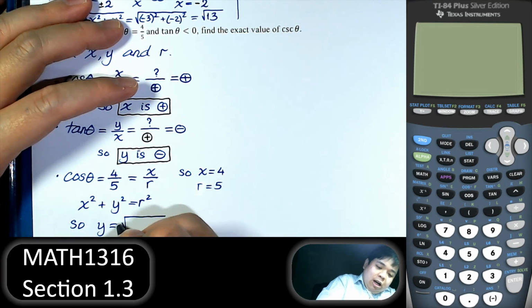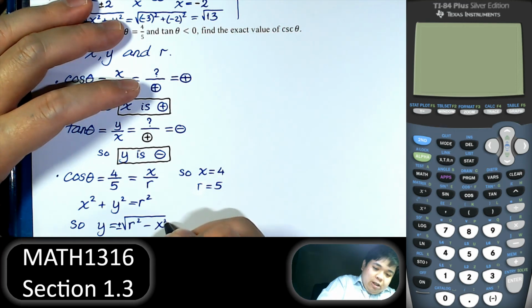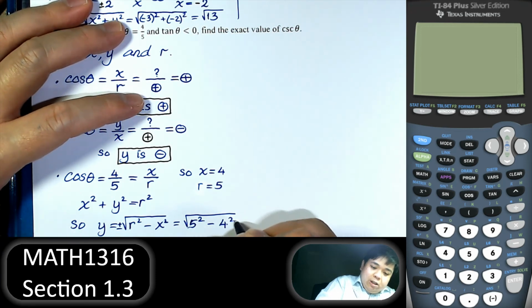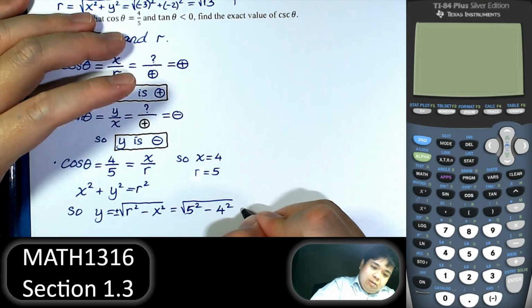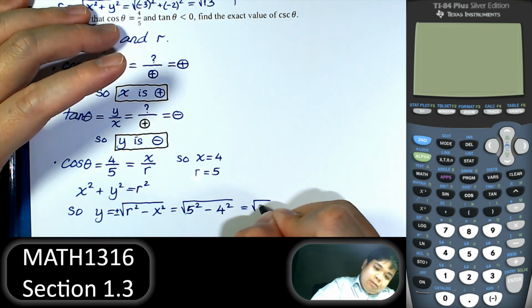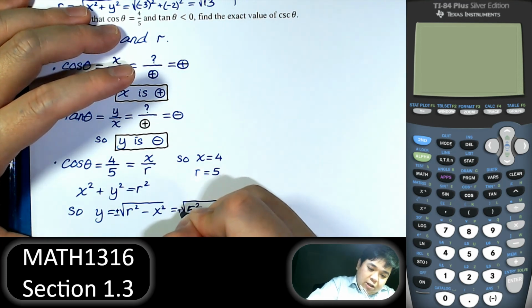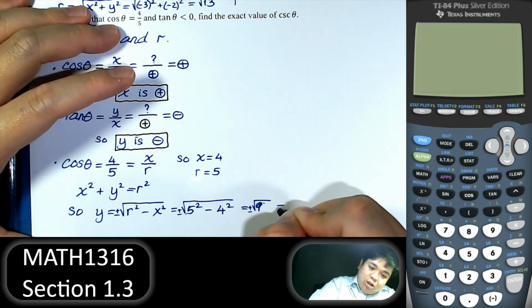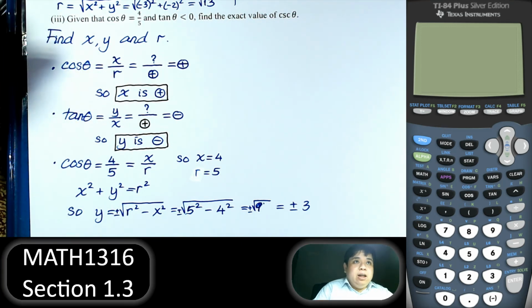Square root, could be plus or minus. y is plus or minus the square root of 5 squared minus x squared, 25 minus 16, plus or minus the square root of 9, plus or minus 3, right?